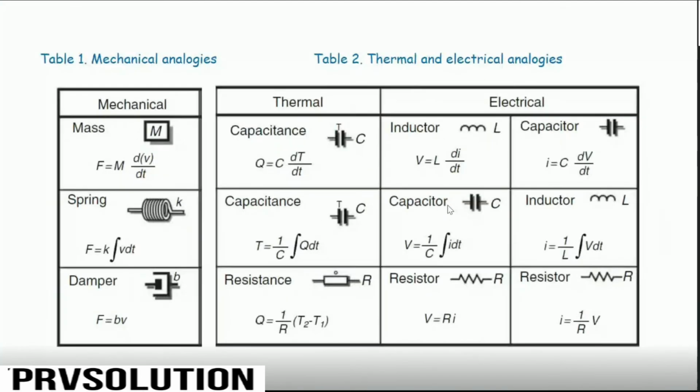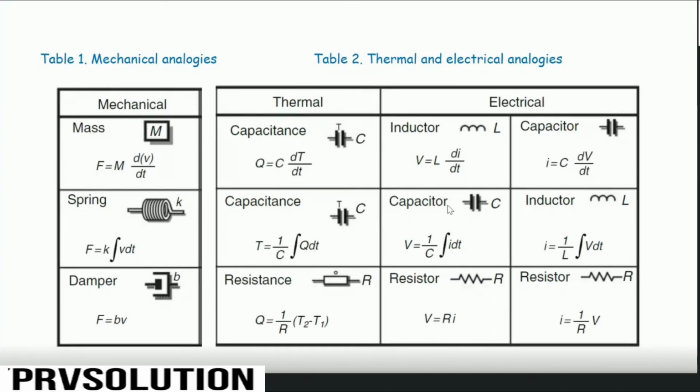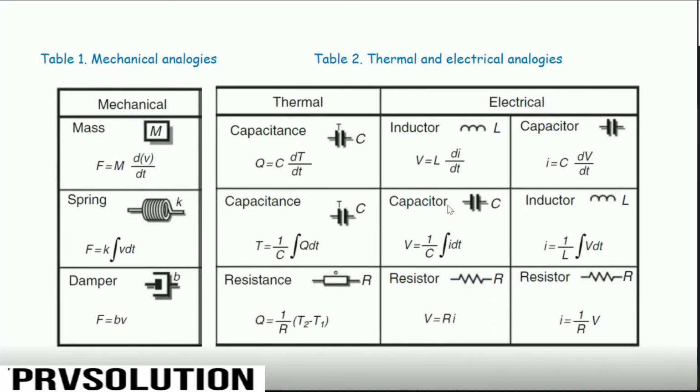What we must know are these three things: the mechanical, thermal and electrical analogies. If there is one spring and a mass M attached to it, and some force is applied, this is the type of governing equation or mathematical model we will have for this system. With the help of the mass, spring and damper, you can model it.